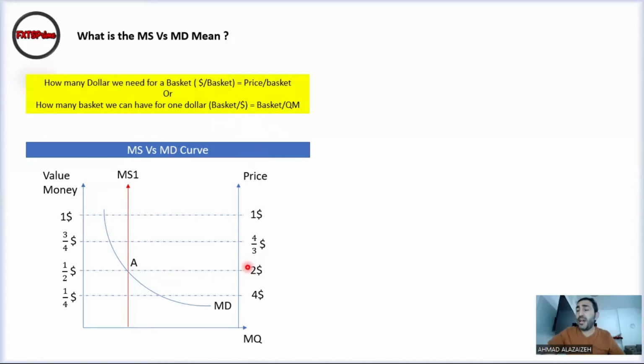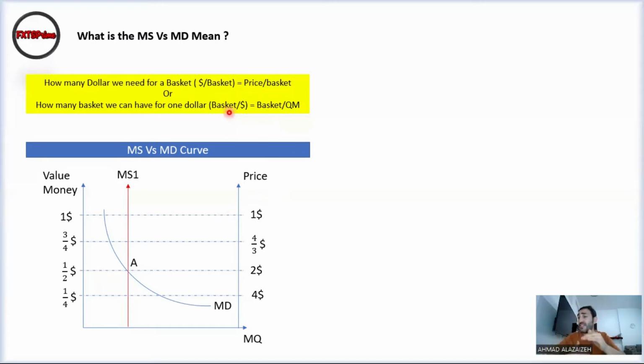So let's think now about the value of the money when the price of the basket is $2. The basket is fixed and doesn't change. The basket contains goods and services, and on a daily basis you go to the market and purchase food, services, whatever.